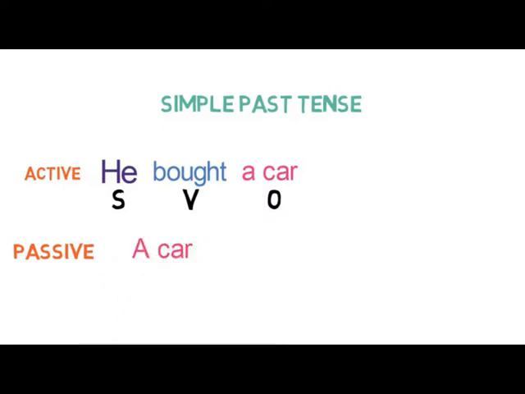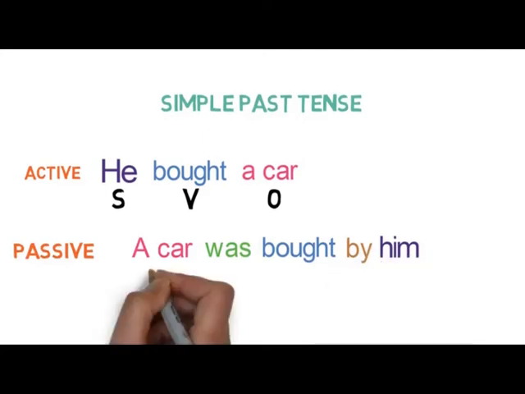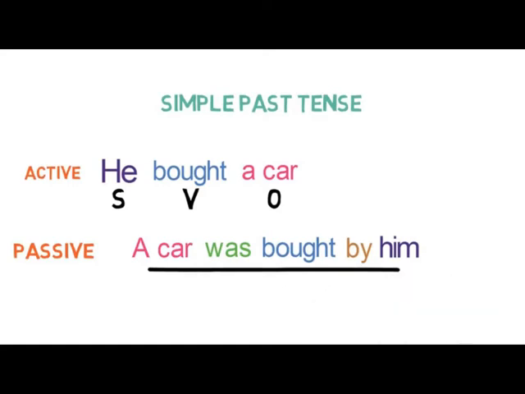Then we will change he to be him. The third conjugation of the verb will be bought. We will use the verb to be according to the tense. It will be was. And finally we will use by. So it will be a car was bought by him. This is the passive voice also.